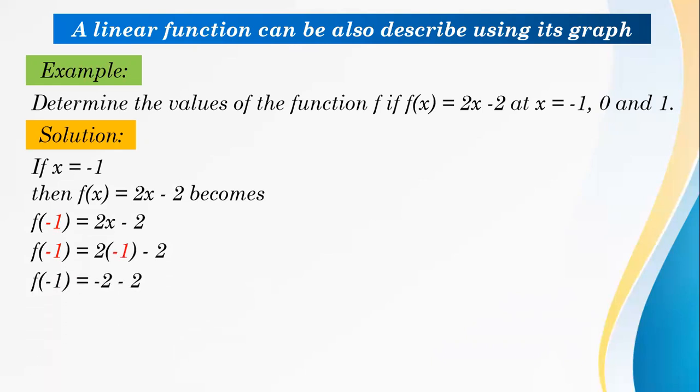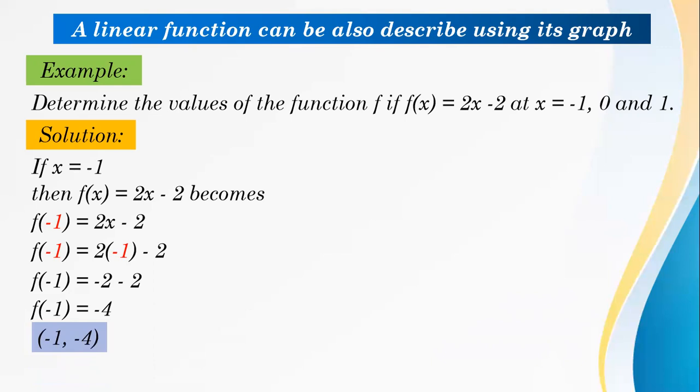Then simplify: f of negative 1 equals 2 multiplied by negative 1, and the answer is negative 2. Then copy negative 2. Then f of negative 1 equals negative 4. The given ordered pair is negative 1 and negative 4.